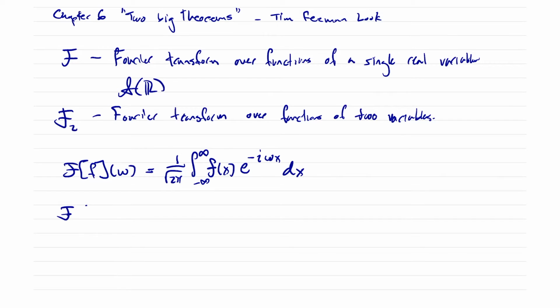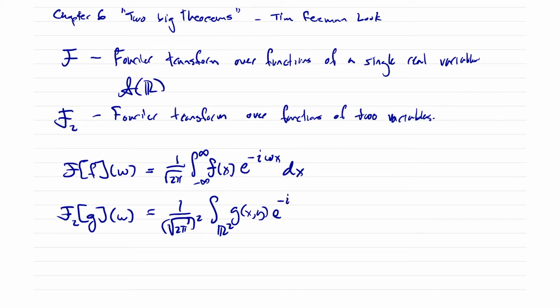And then we have the Fourier transform of another function, let's just say g of omega, so the Fourier transform of a two-dimensional function is 1 over, say, the square root of 2 pi, and then squared, so just 1 over 2 pi times the integral over R2 of g of x y times e to the minus i omega transpose times x y, if you like.